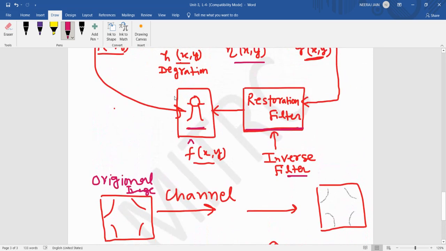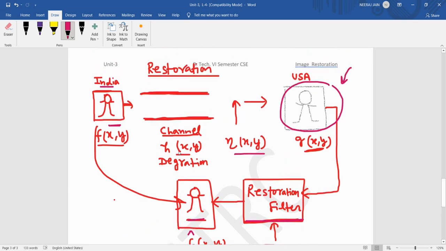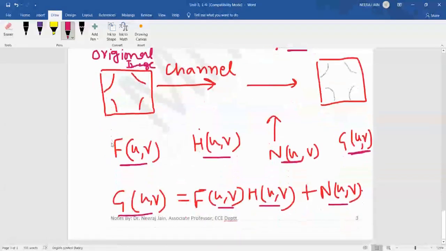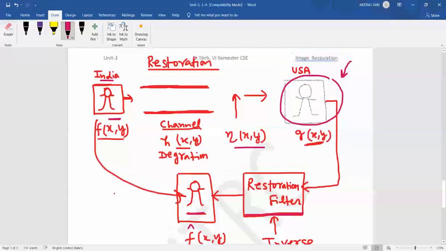In the spatial domain, we take the convolution of h(x,y) and f(x,y). In the frequency domain, we do the multiplication. Now, what will be the value of F(u,v)? Ultimately, we are interested in finding F(u,v).